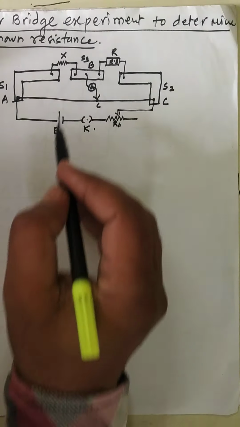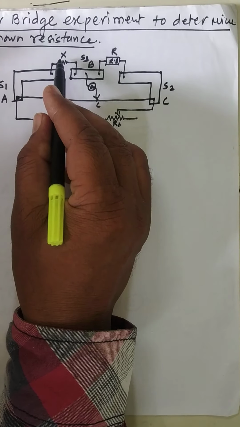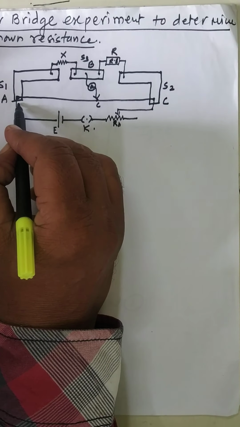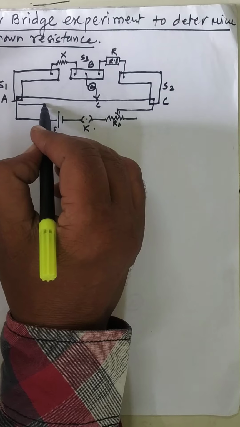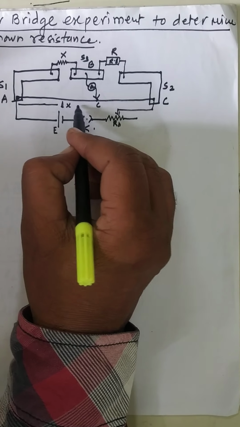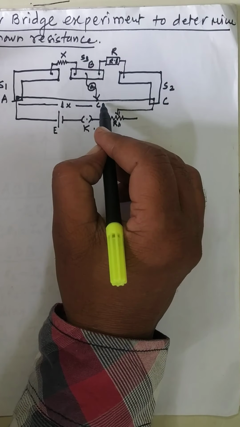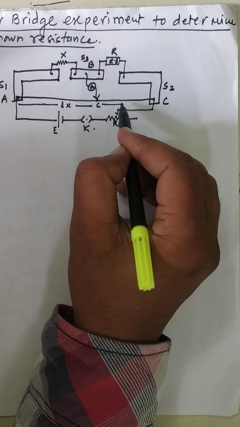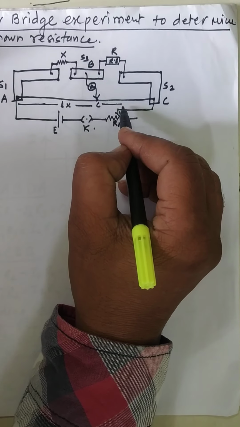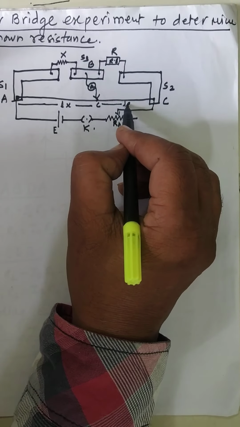The length opposite to the unknown resistance X is considered as Lx, and the length opposite to the resistance box RB as LR.